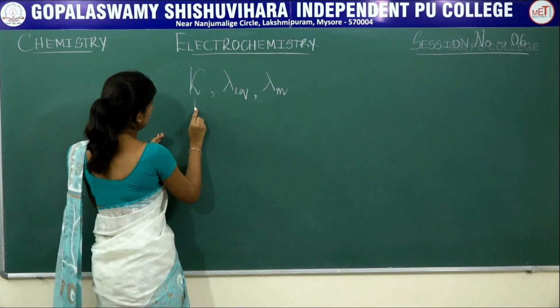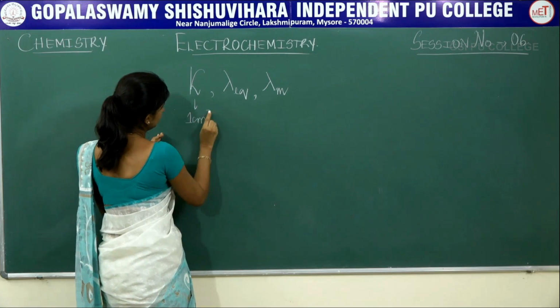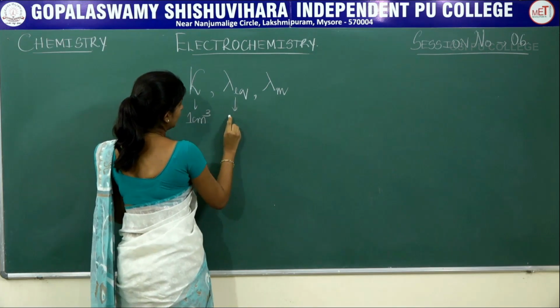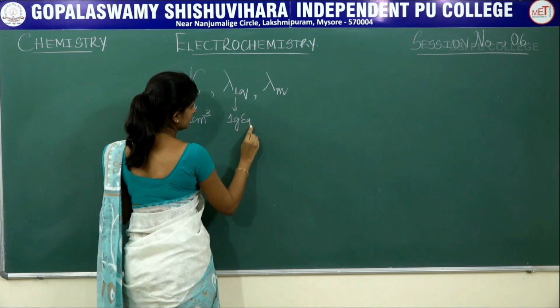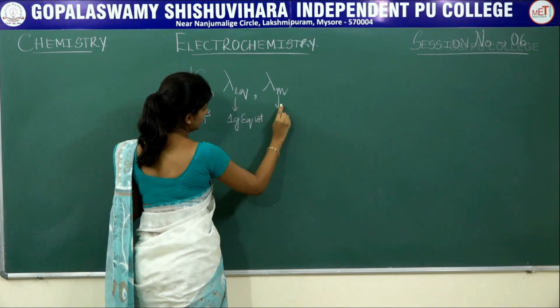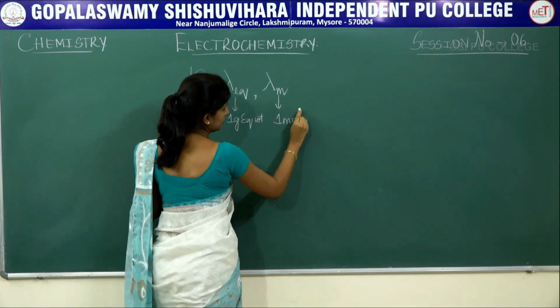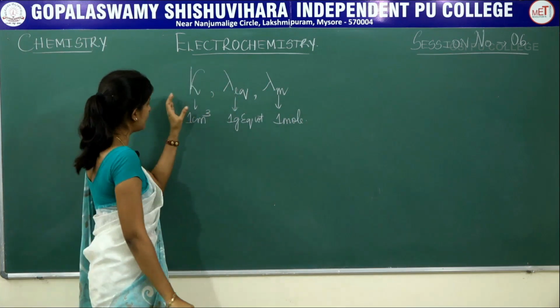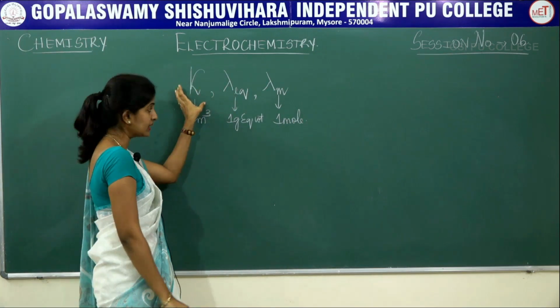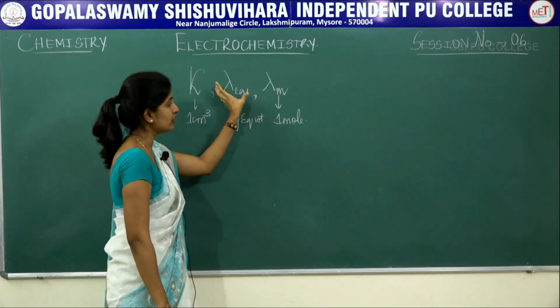So the keywords are: 1 cm cube of solution, 1 gram equivalent weight, and 1 mole.